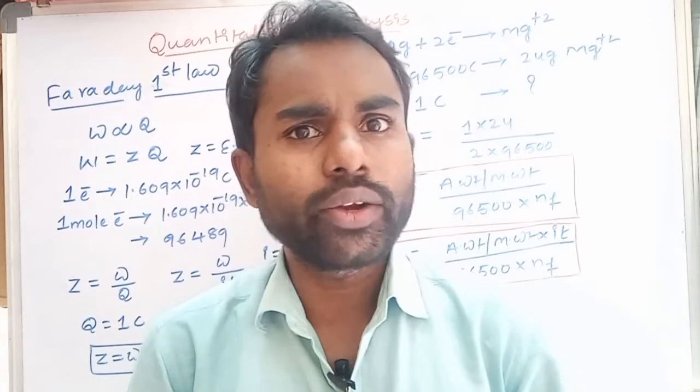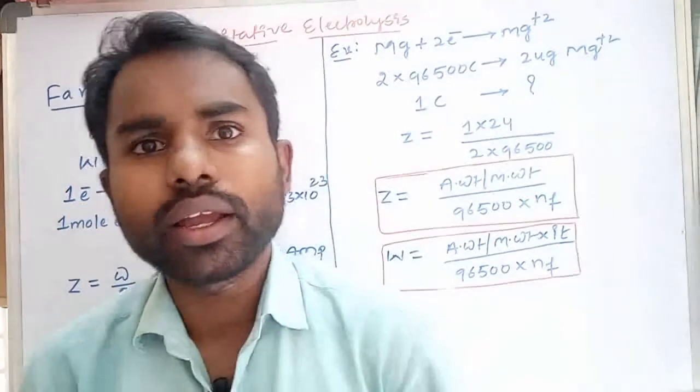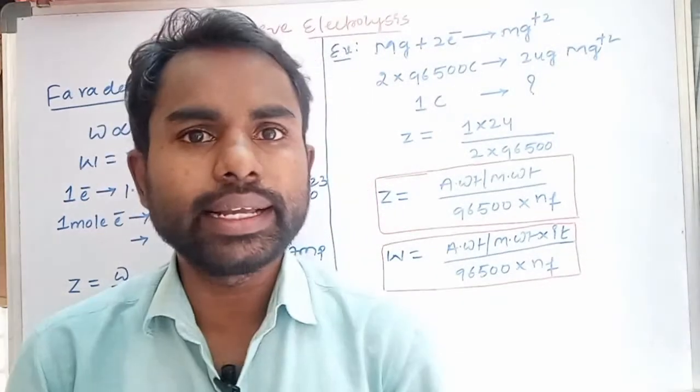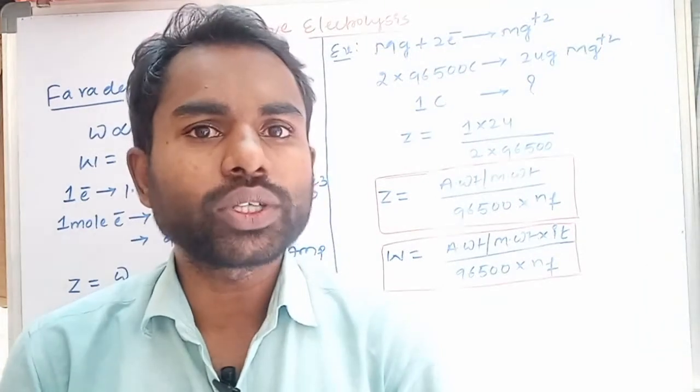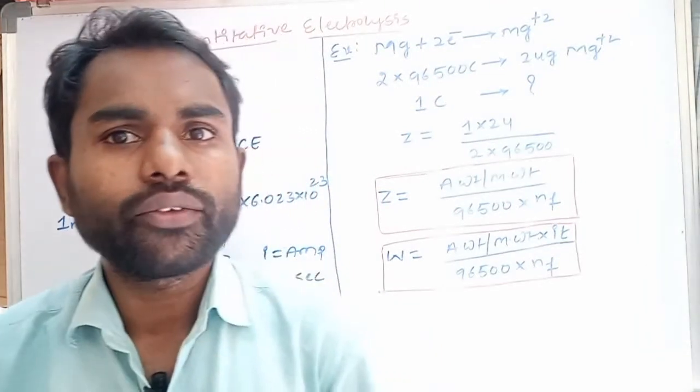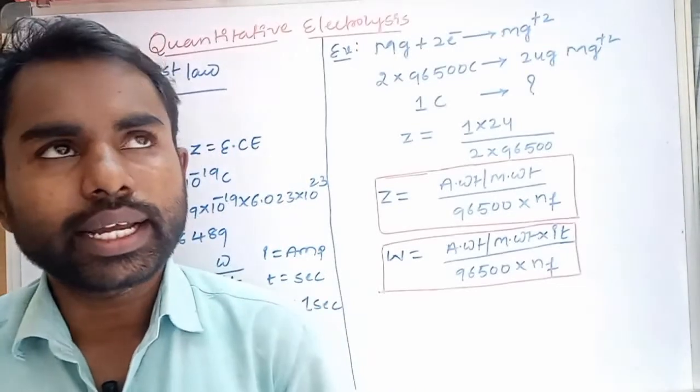Quantitative electrolysis was explained by a scientist, Faraday. Faraday gave two laws: Faraday's first law and Faraday's second law.